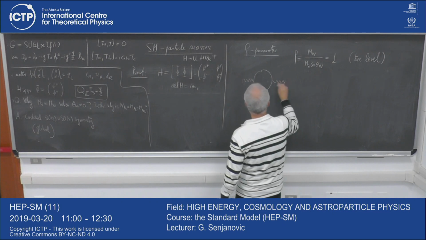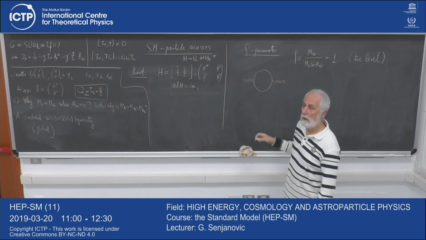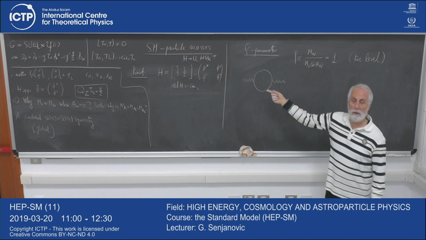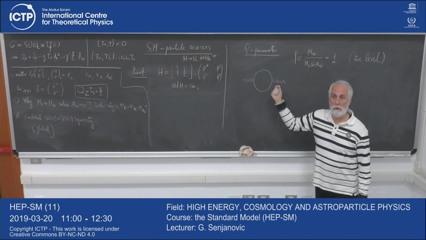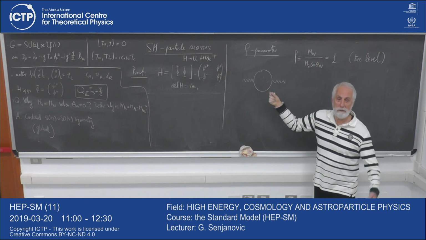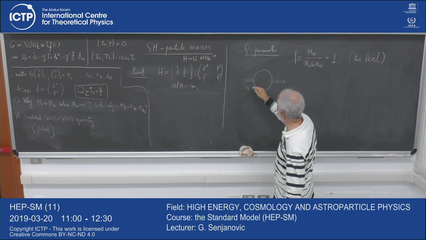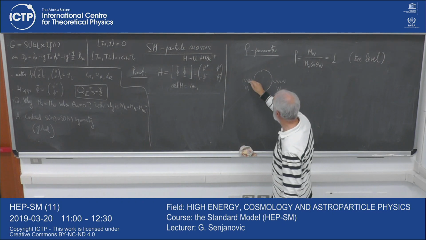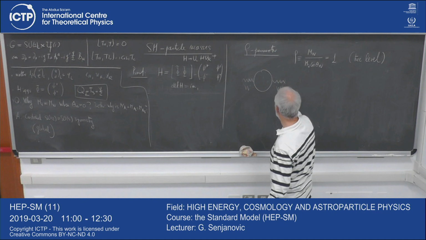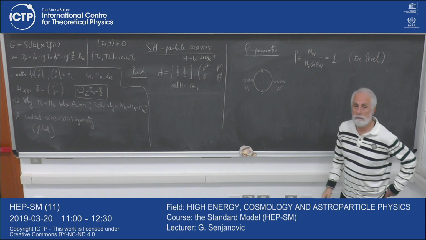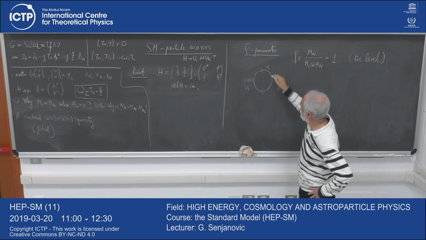A typical example, you are studying them in QED. This renormalizes the polarization tensor of the photon, but also the mass when there is a mass. So, for example, I could take W, let's say W minus. And what will I have here? Up and down quarks.